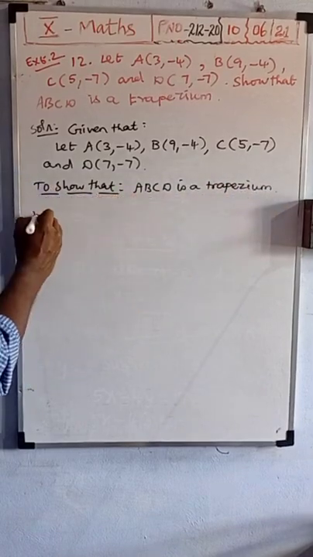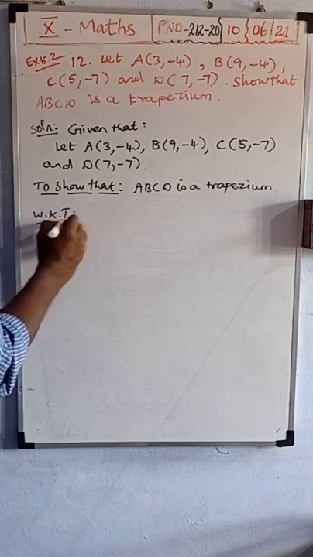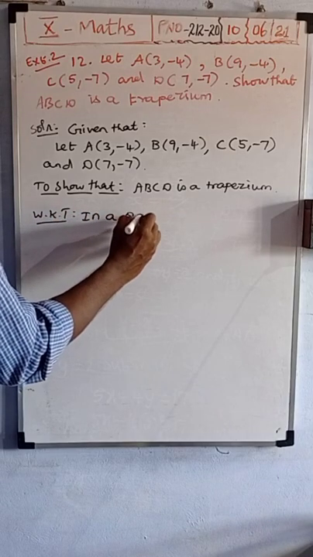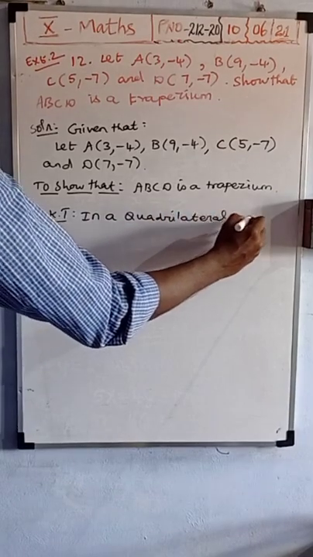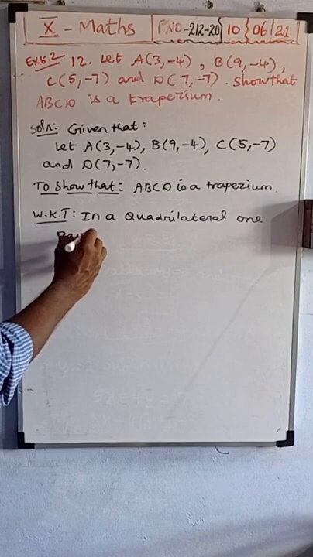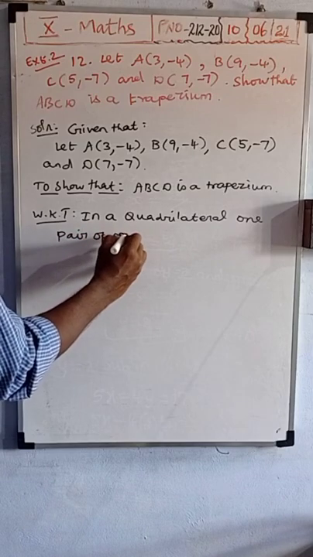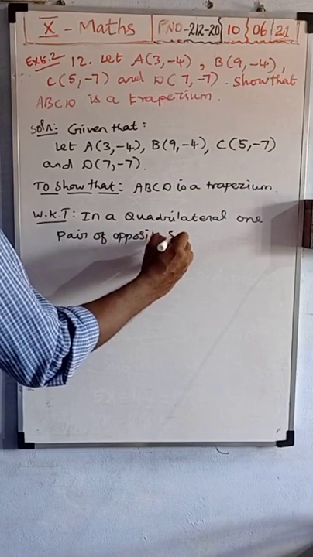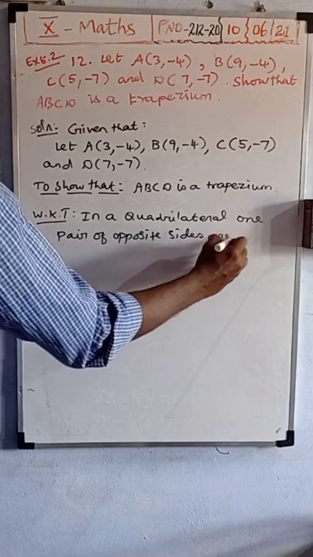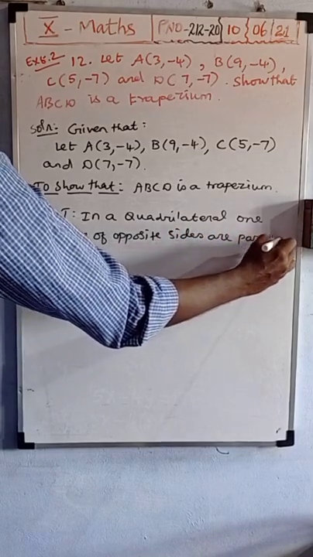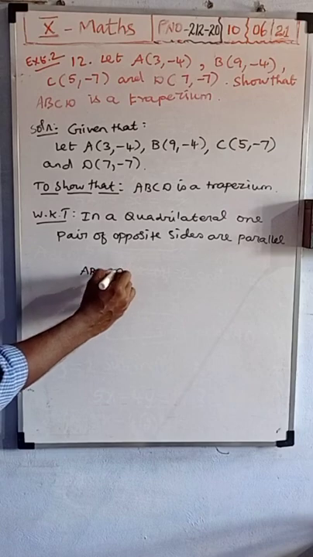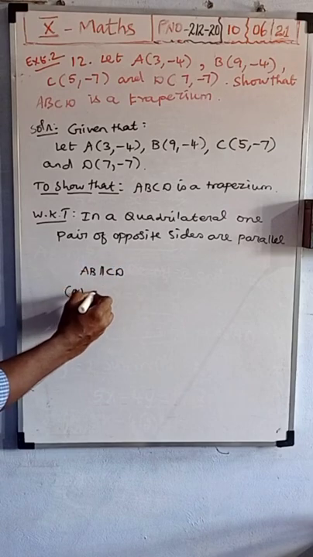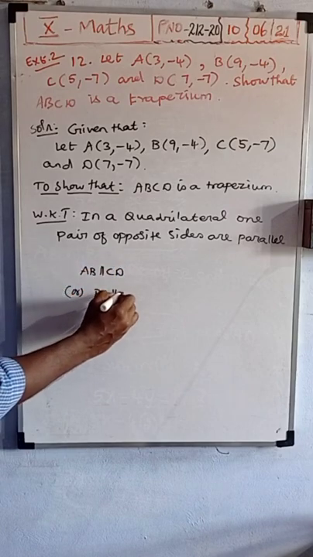So we know that in a quadrilateral, one pair of opposite sides are parallel. Any one pair of opposite sides, either AB and CD are parallel, or else BC is parallel to AD.